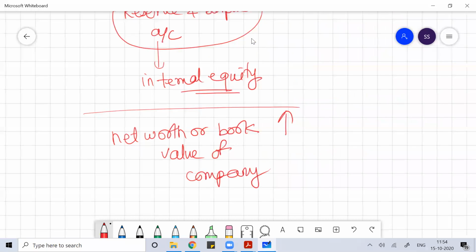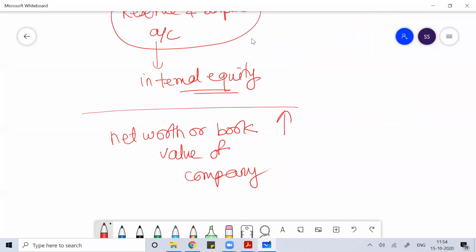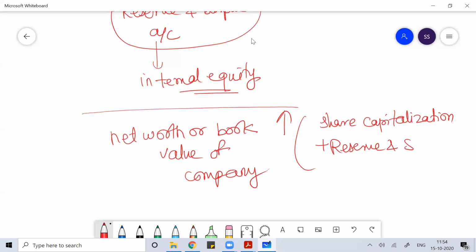So net worth or book value, we represent as the sum total of ordinary share capitalization plus preference share capitalization plus reserve and surplus.